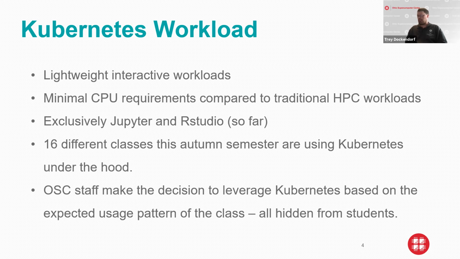Our staff decide whether or not to utilize Kubernetes based on the usage and resource requirements of each class, and also the number of students, as we have a lot fewer Kubernetes resources than Slurm.